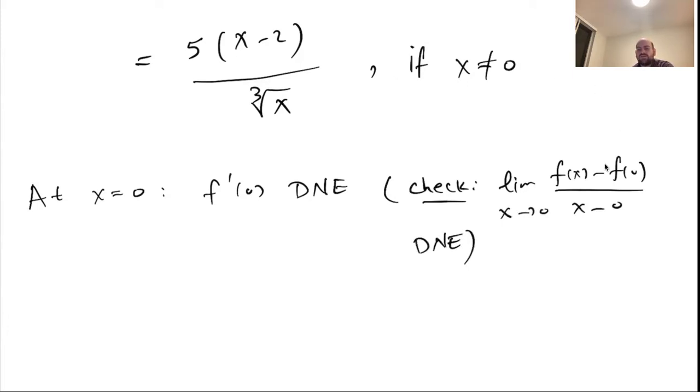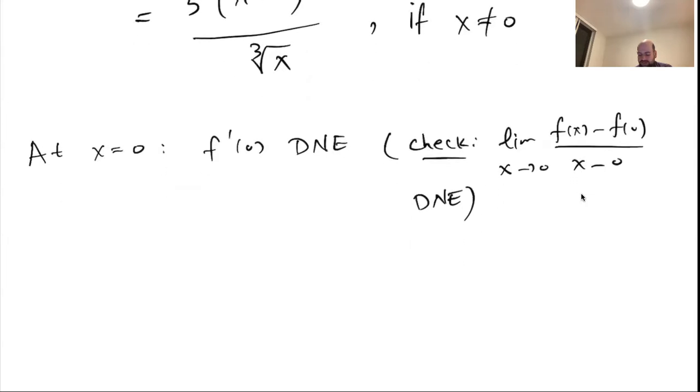For x equals 0, at a single point, if you want to check differentiability, we can check this limit. If this limit exists, the function is differentiable. If this limit does not exist, the function is not differentiable. This limit does not exist, therefore the function is not differentiable, or f prime of 0 does not exist.